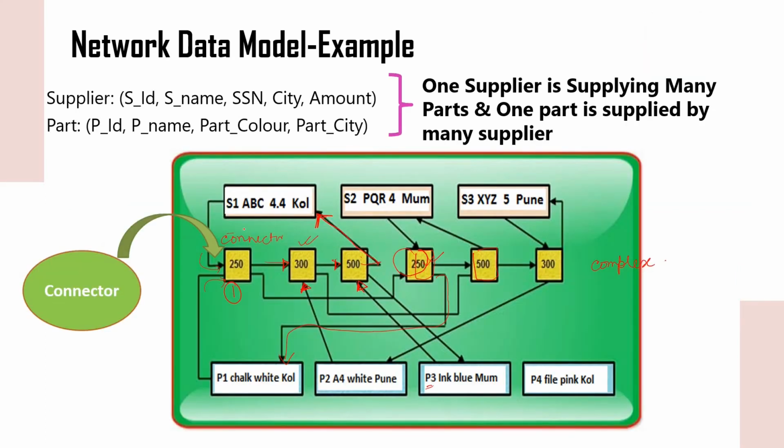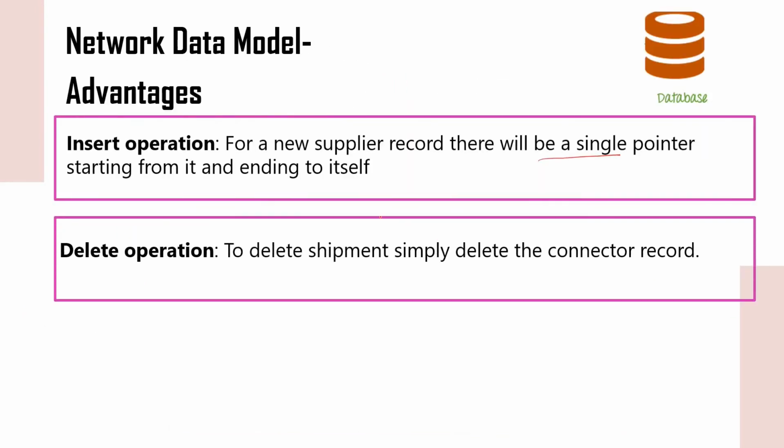So what should I do? I will create a single pointer starting from it and ending at itself. Suppose S4 has newly joined, then S4 will start from here. There will be one connector record, and it will end up over here to indicate S4 has not yet supplied any part.